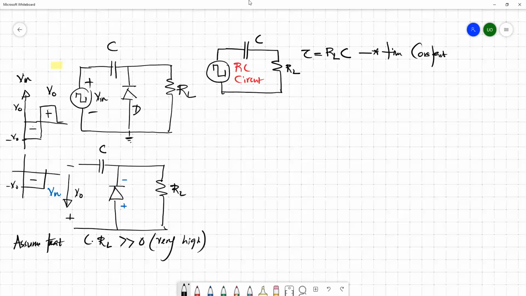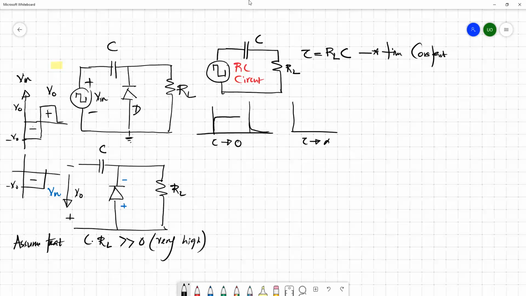If this time constant is very small, it is immediately charged and immediately discharged. If tau goes to 0, it is immediately charged and immediately discharged.